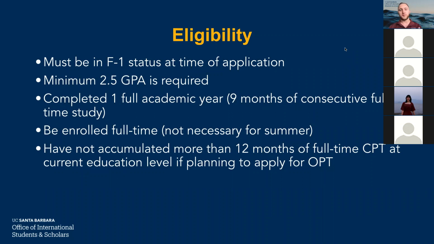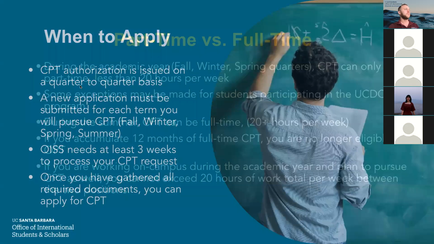It's just when you cross over into that 12-month period. So we'll definitely review this when you do apply for full-time CPT. We'll review to make sure that you're not reaching that 12-month limit. And most students don't encounter this. It's just if you're fully taking advantage of full-time CPT, this might come up for you.